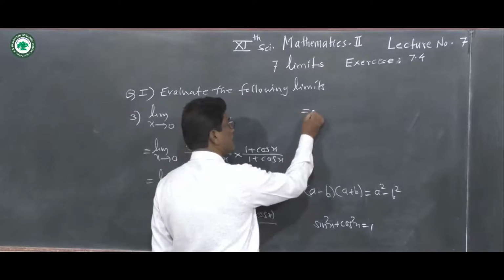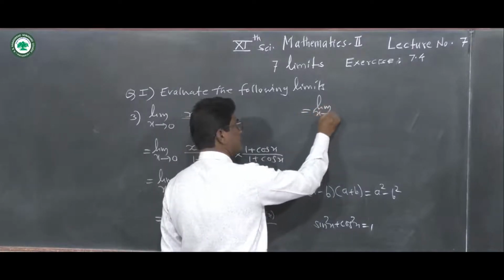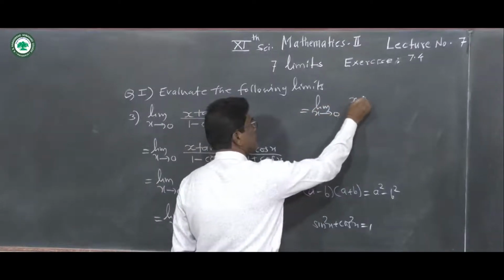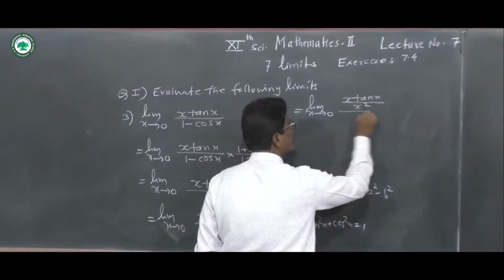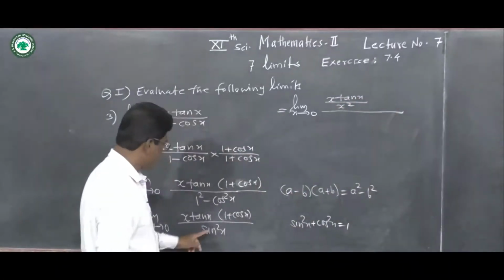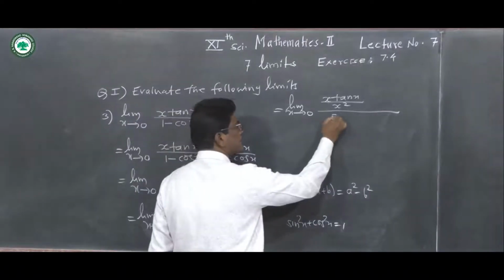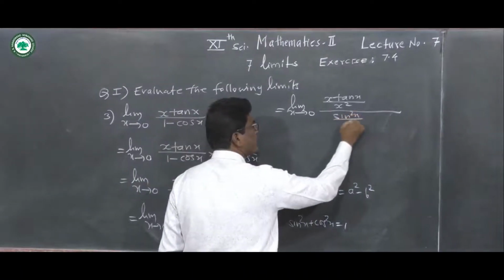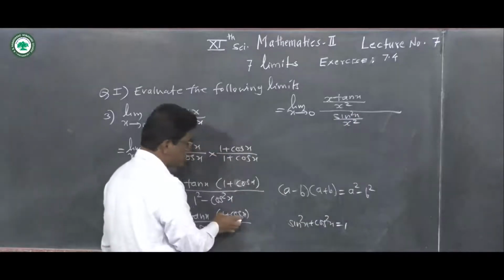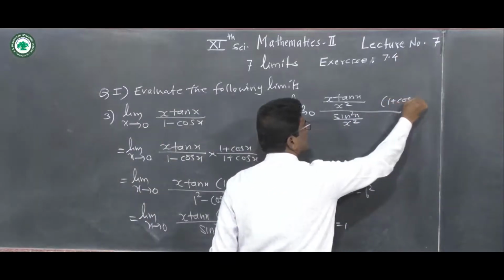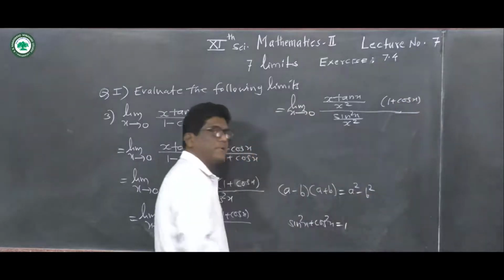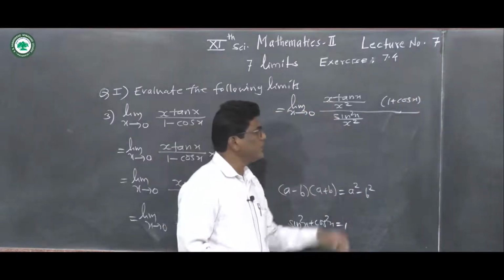So we get limit as x tends to 0 of x tan x upon x square, dividing the numerator by x square, and also the denominator, that is sin square x upon x square, and 1 plus cos x as it is. Now we separate the limit into numerator and denominator.